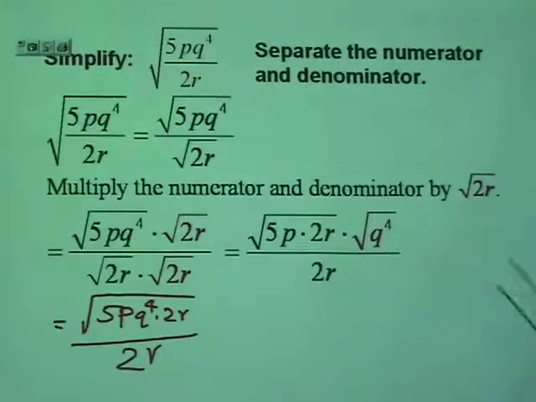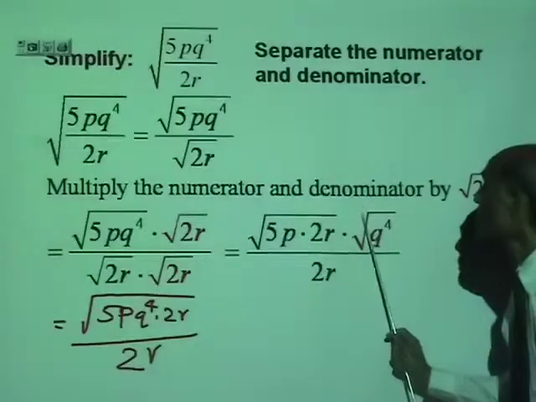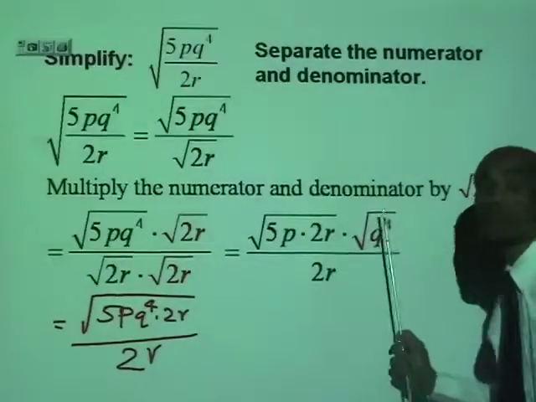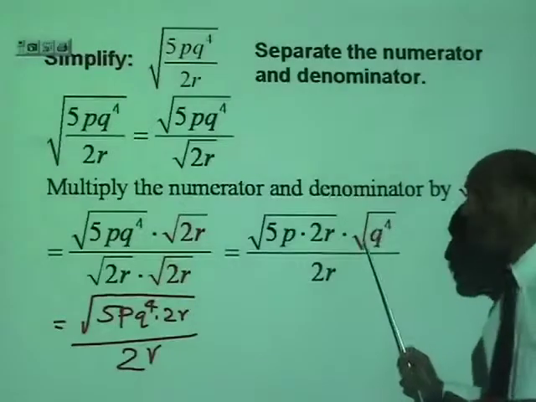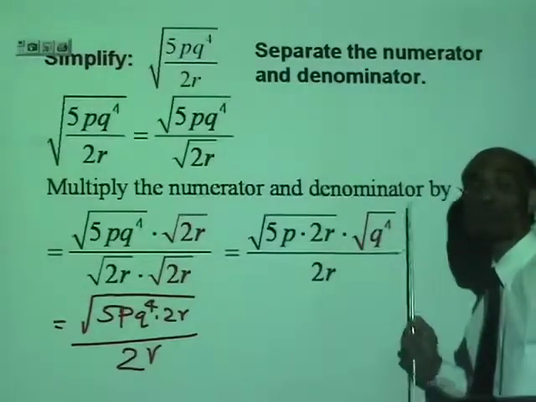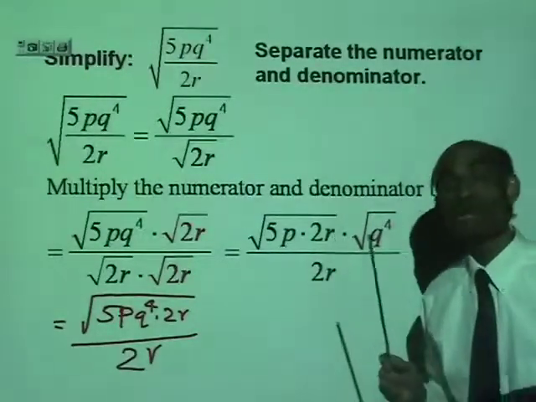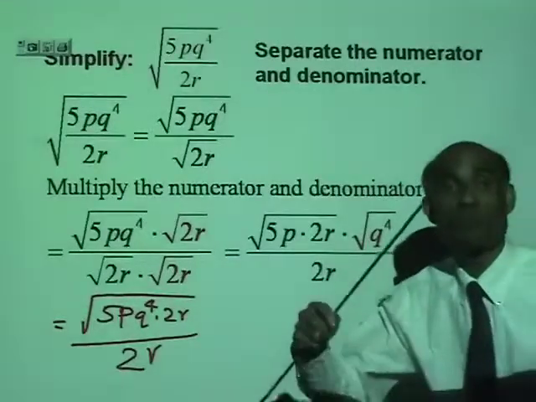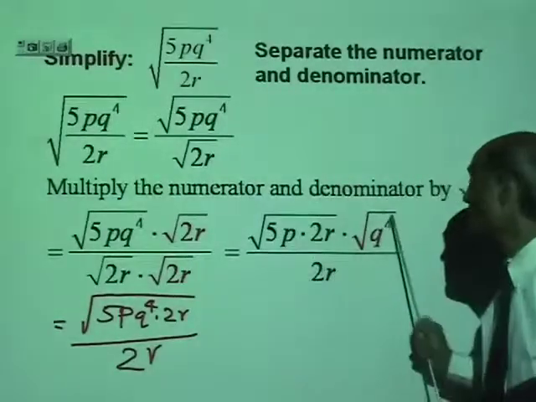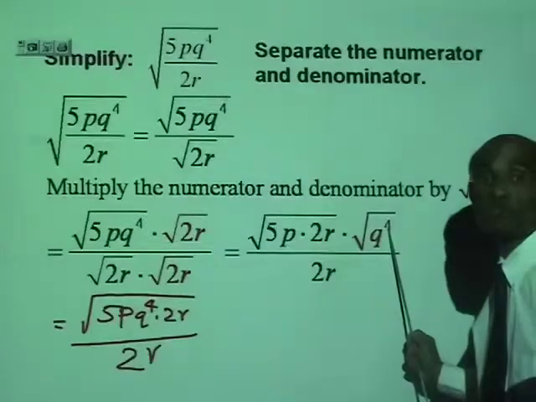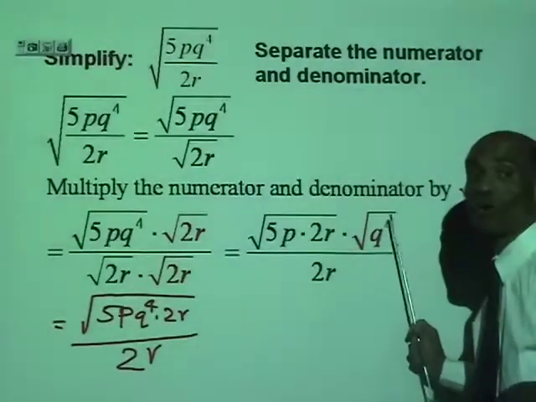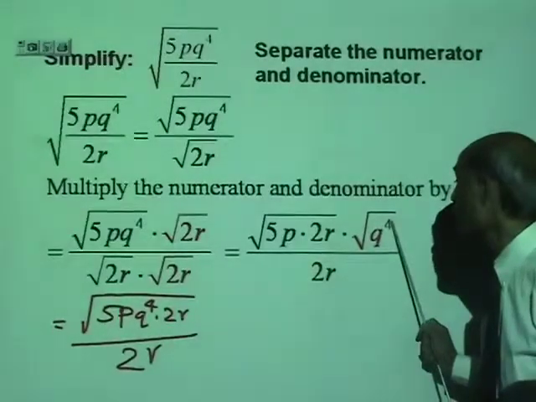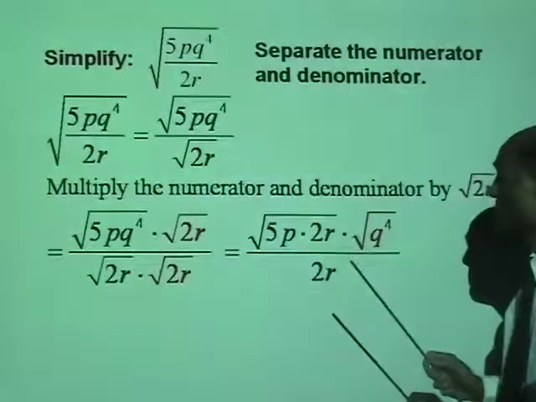And now simplify that. In our next step, we will say square root of q to the power 4. Tell me, what is that equal to? Square root of q to the power 4. How do we take the square root of a power? By dividing the power by 2. So square root of q to the power 4 is q to the power 4 divided by 2.